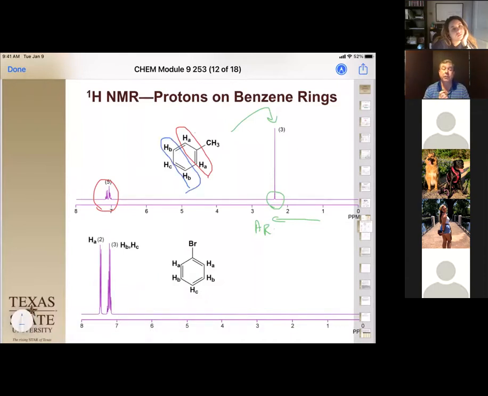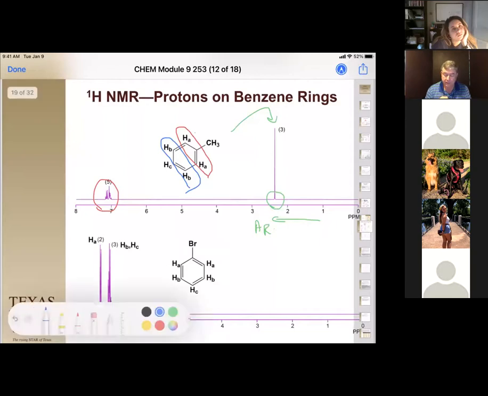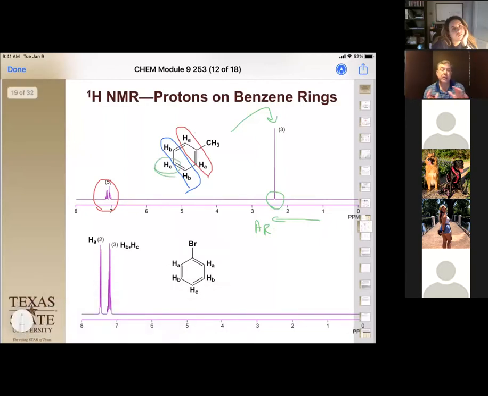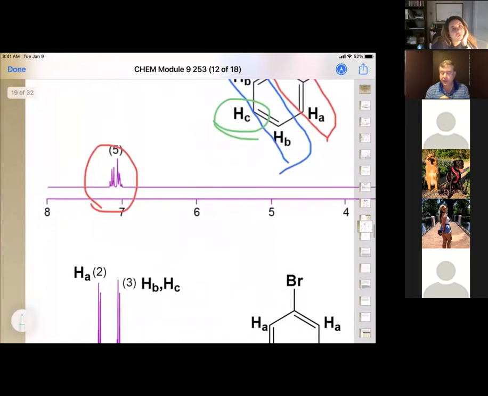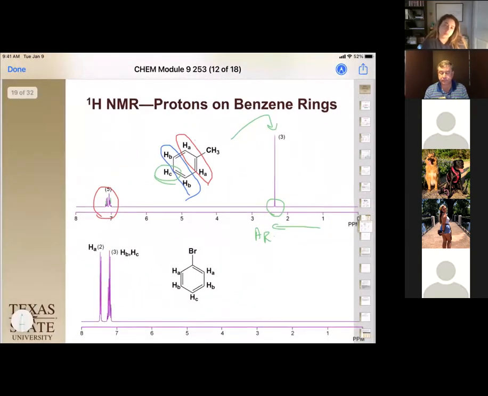So they show up in a different place. And because this C hydrogen is the only one that's by itself, doesn't have another pair, it also shows up in a different place. And so when we look at our peak here, we actually have them overlaying each other so that we have really 3 different types of hydrogens, and the ratio is 2 to 1. But if we integrate the whole thing, we get a 5.